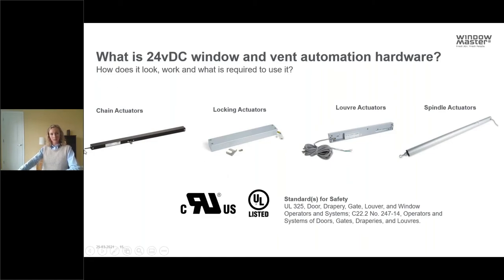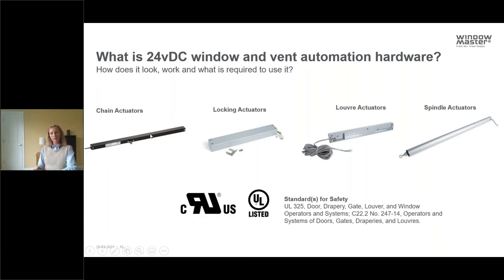If you take a look here, this actuator to the very left is called a chain actuator. This is the most typical application that we'll use in, let's say, 90% of our time. We'll use these chain actuators, and they come in lots of different sizes and colors and force capabilities, but they look like this in a nutshell. You have a housing, and then you see the chain sticking out a little bit there.